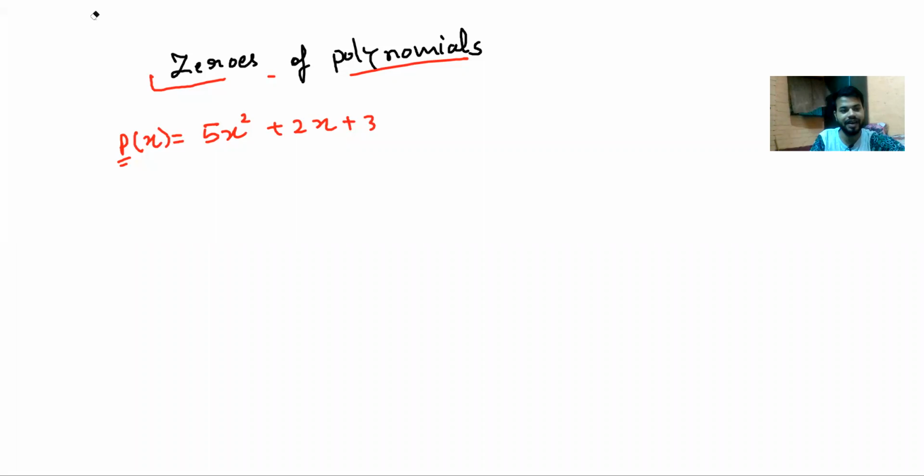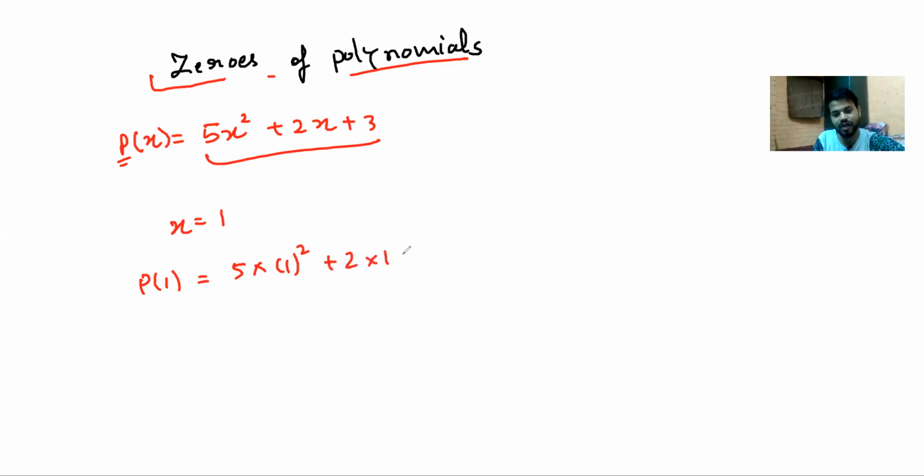For example, if I find the value of this polynomial for x is equal to 1, what I'm going to do is write 1 instead of x. So p(1) means the value of this polynomial for x is equal to 1. So 5 multiplied by 1 square plus 2 into 1 plus 3.